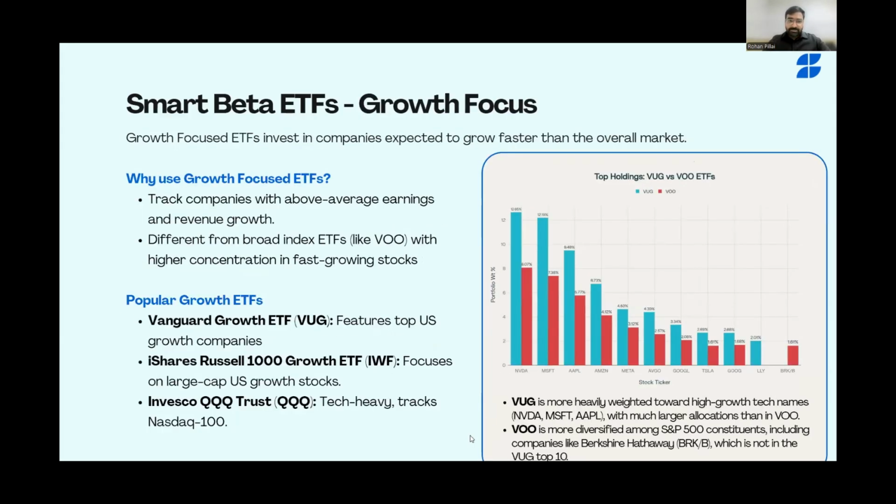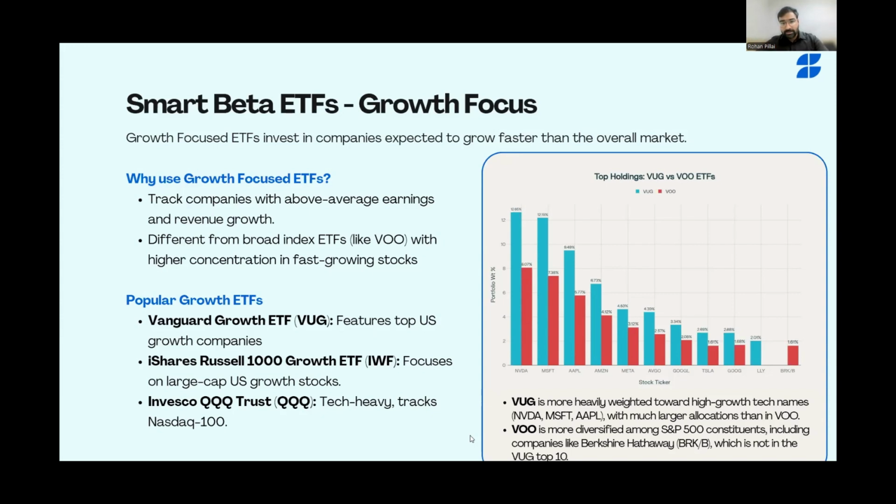The next smart beta ETF we're covering is the growth focus. So, what are growth focus ETFs? Growth focus ETFs are basically companies that are having above average earnings and revenue, mainly revenue growth, mainly in tech and innovation leaders. And the mirror of this is going to be the VOO.